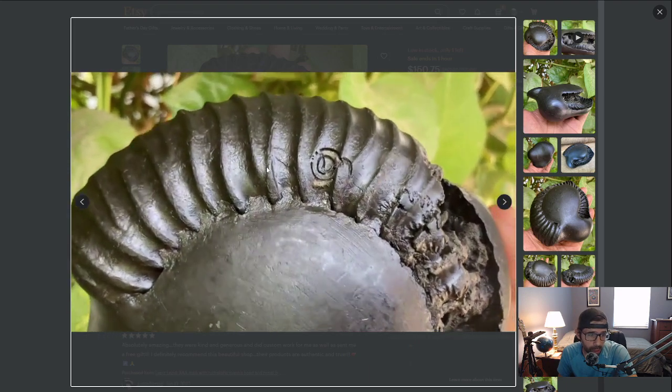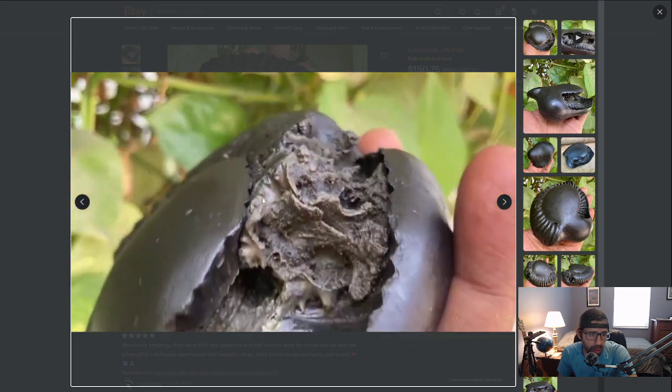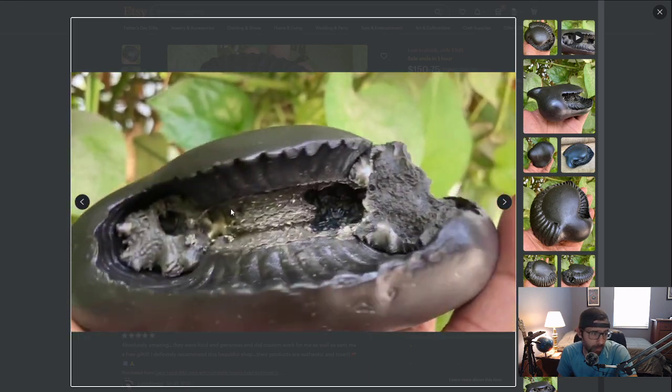I'm wondering if this also had an inlet current that shaped the rock, that maybe came in there.